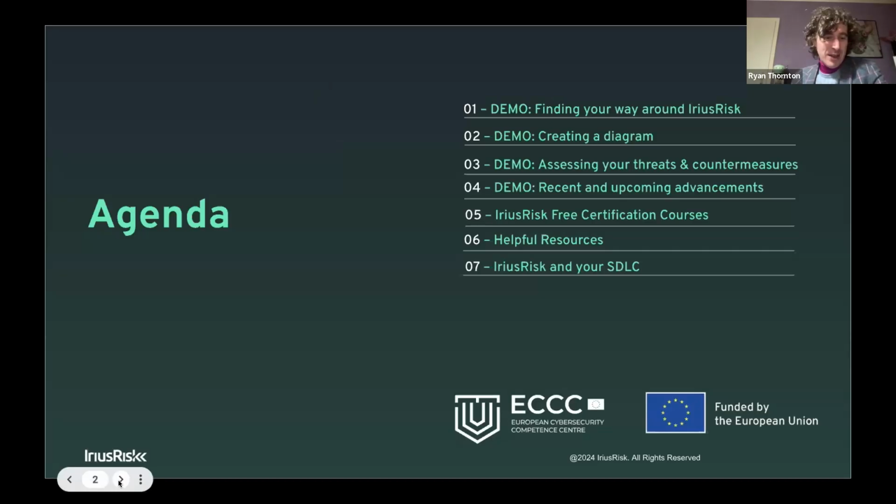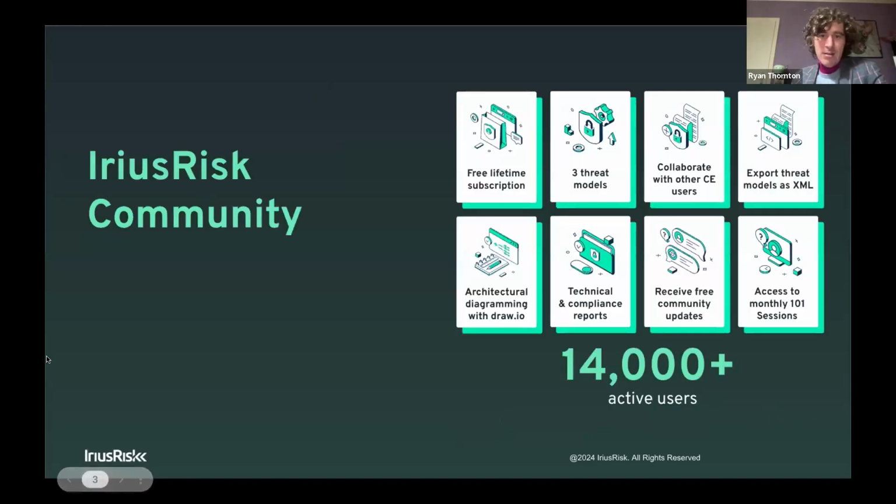Which brings us to our next slide. So, IriusRisk, the community edition. If you've not signed up already, you can do so on the website. It's a free lifetime subscription. You get 3 threat models, that's 1, 2, 3. You're able to collaborate with other community edition users.